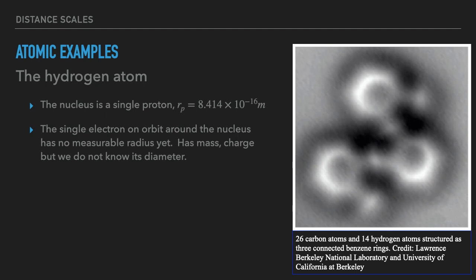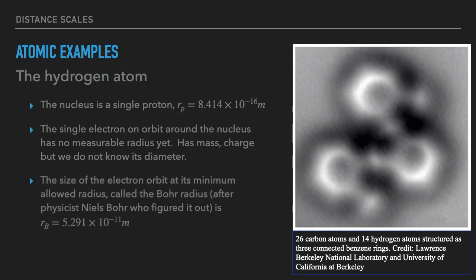So we just leave that blank. We know it has mass. It's a lot smaller in kilograms than the proton. We know it has charge, opposite charge to the proton. But we haven't got an estimate of its size yet.